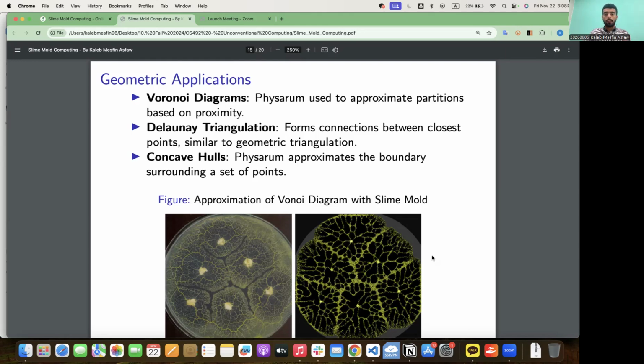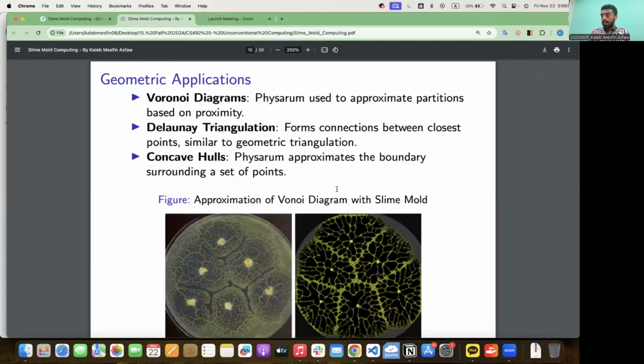So there are diagrams called Voronoi diagrams. They are used to approximate partitions based on closeness or proximity. It's a way of dividing a plane into regions based on the distance between a set of points.